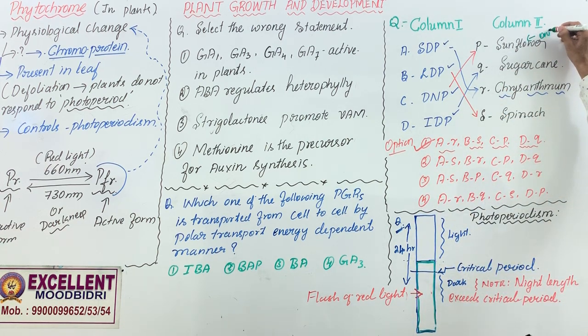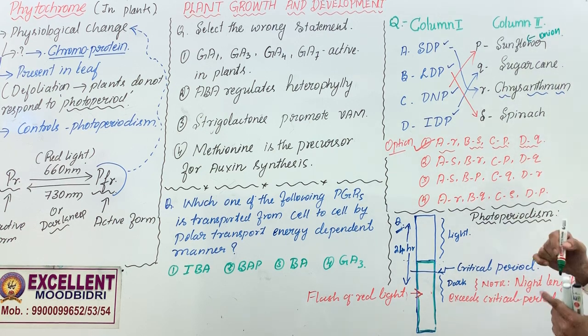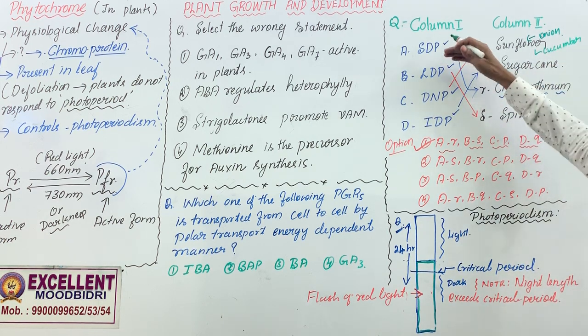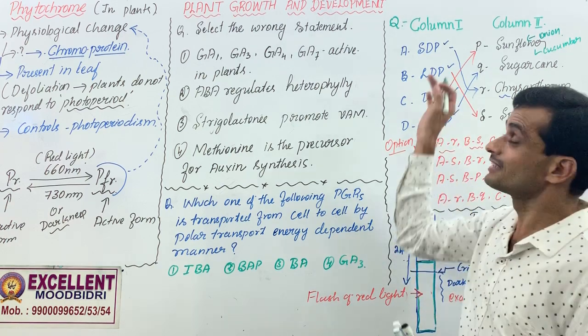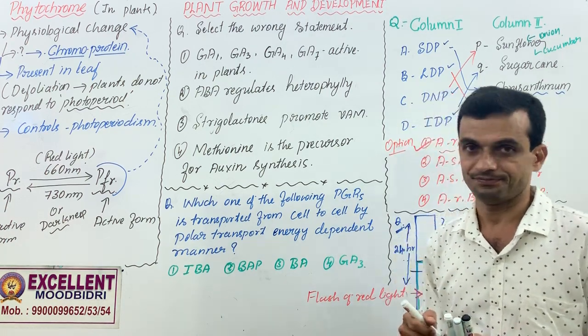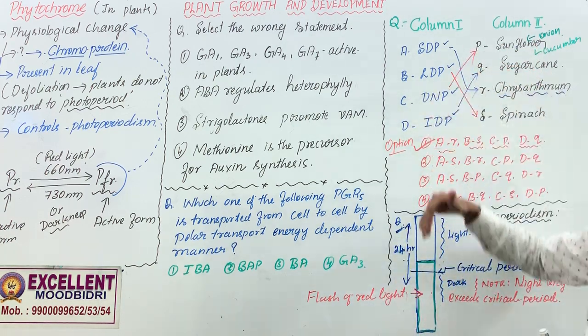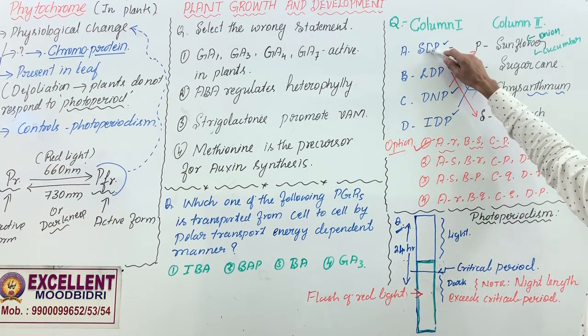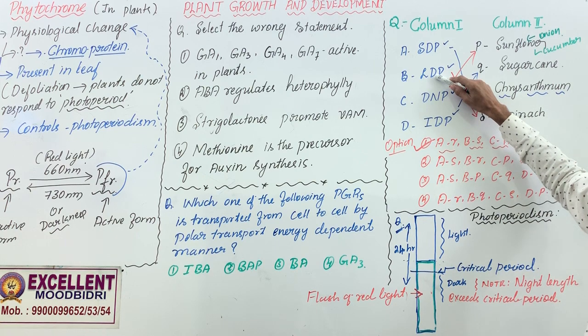Onion is also a day neutral plant. Cucumber. Okay, you can add a few more examples to the following categories. Search it on the internet and add a few more examples to the following 4 categories. This is given in your textbook. This is also given in your textbook.